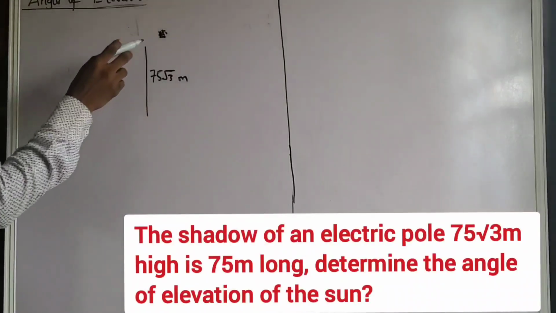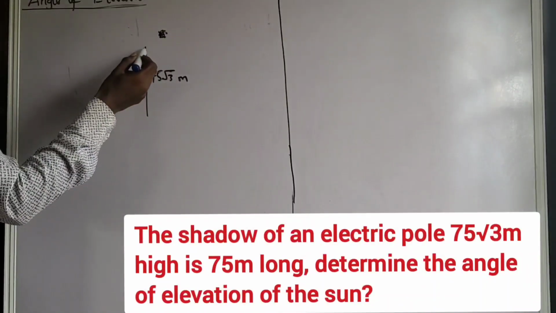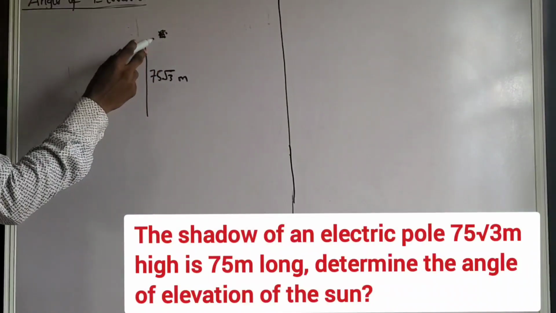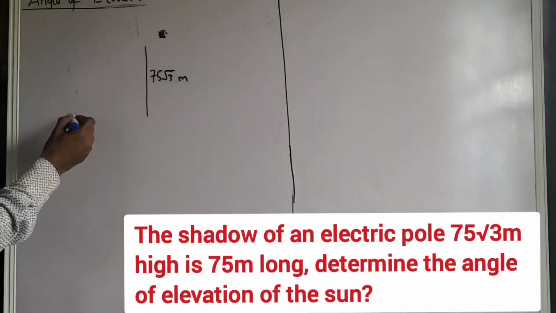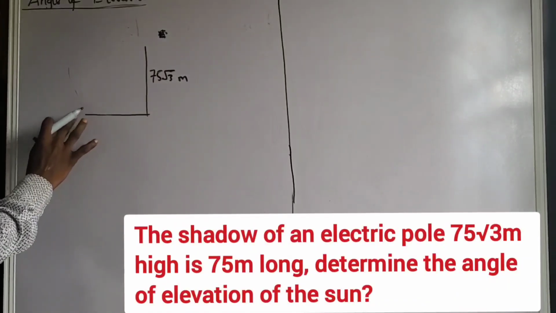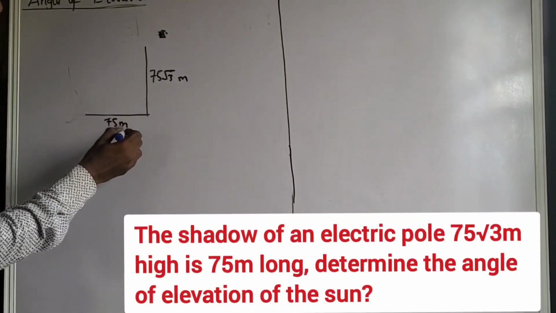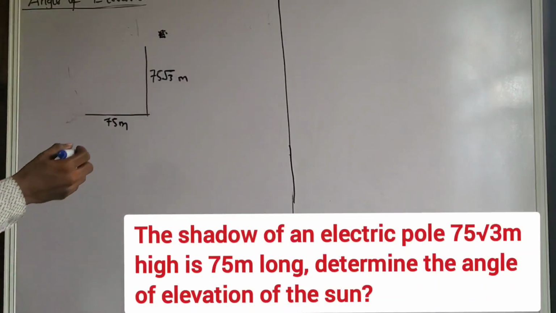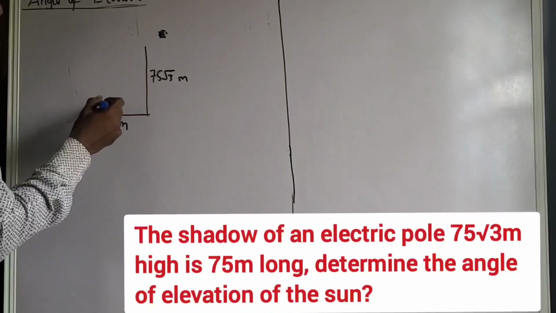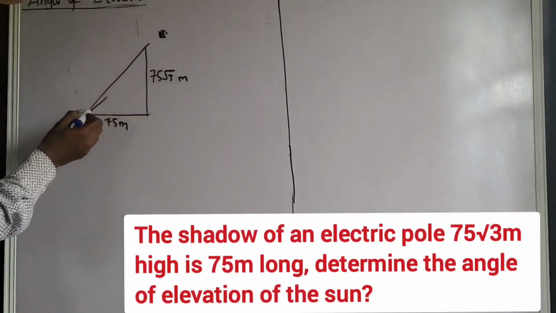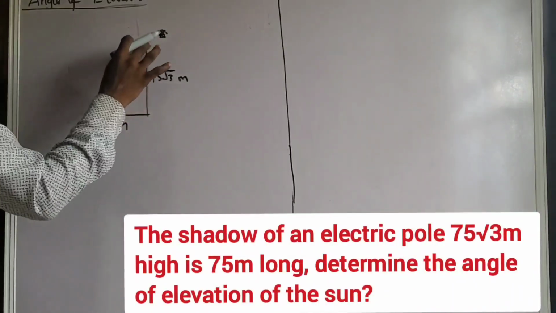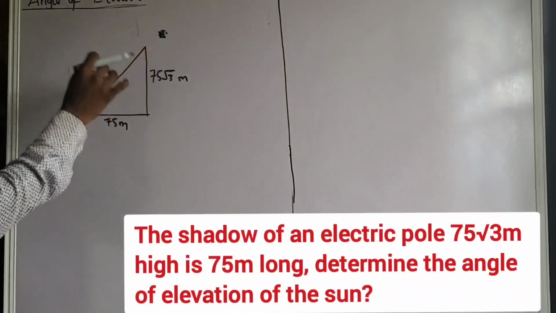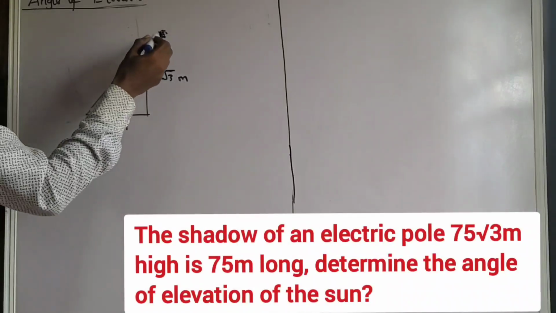Now, the shadow that this pole produces as a result of the brightness of the sun is 75 meters. So this will be 75 meters. We have to calculate the angle of elevation of the sun, which will be somewhere like this.